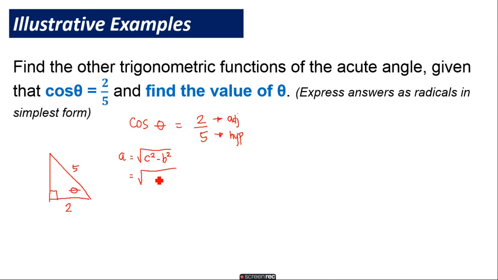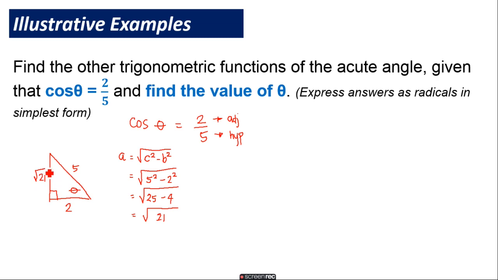That will be the square root of 5 squared minus 2 squared, which is the square root of 25 minus 4, that is the square root of 21. Since we are asked to express our answers as radicals in simplest form, the square root of 21 is already our answer. So this will be our altitude, the square root of 21.